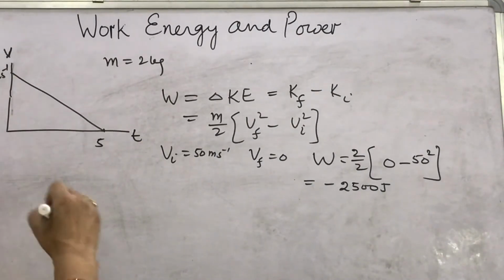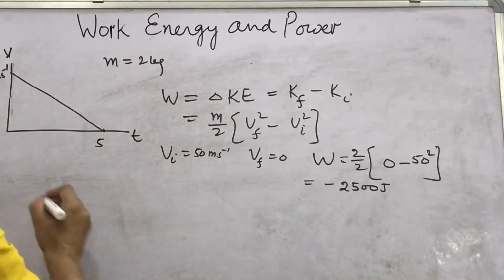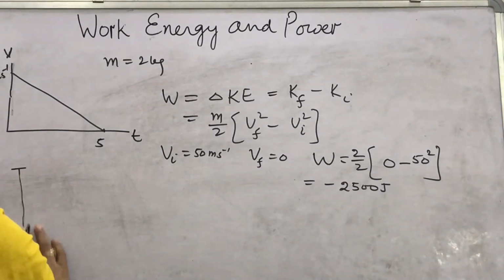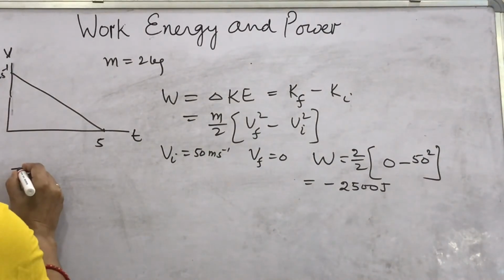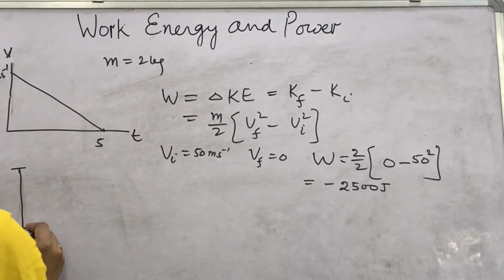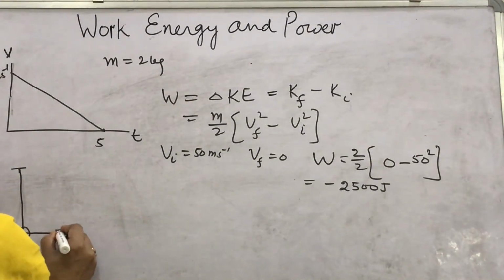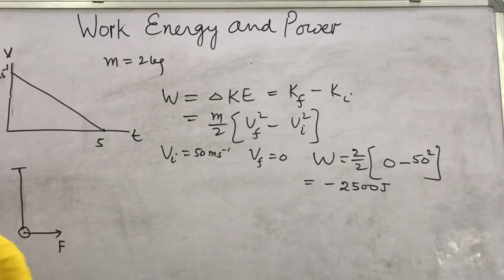Similarly, look at another question. It is given that a small object is suspended by a string of length L like this. Its mass is m and a variable force is applied on it in this direction.